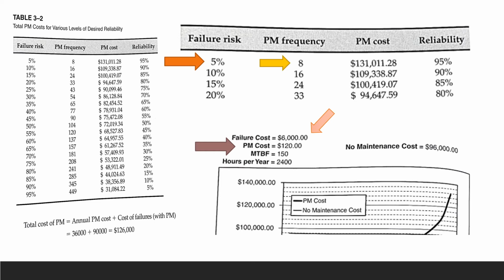So it will cost you $126,000, and that is with the prediction of a single failure that can happen with PM. And that's pretty high, the highest you can see, for the highest reliability.